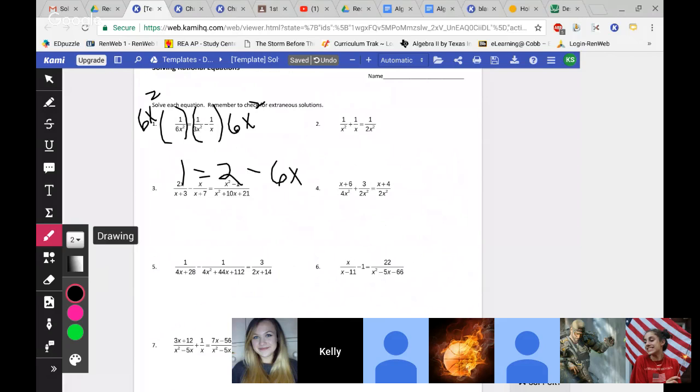And so I'll subtract 2 from both sides. That gives me a -1 equals -6x. Divide both sides by -6. And that's going to leave me a positive 1/6 equals x. And you would want to make sure that 1/6 is not going to cause a problem in the denominator and make it a 0 for an extraneous solution, but it is not in this case.